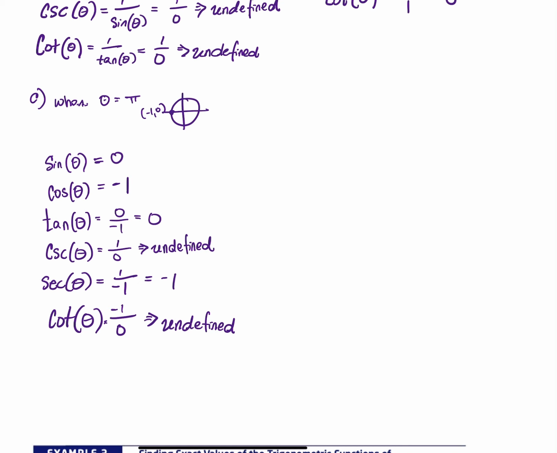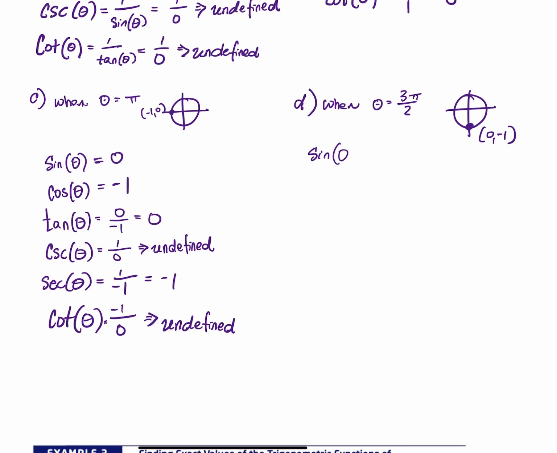And then part D, we're looking at when theta equals 3 pi over 2. This is 270 degrees. So now we're down here, the bottom. This is the coordinate point 0, -1. So let's go through one more time.